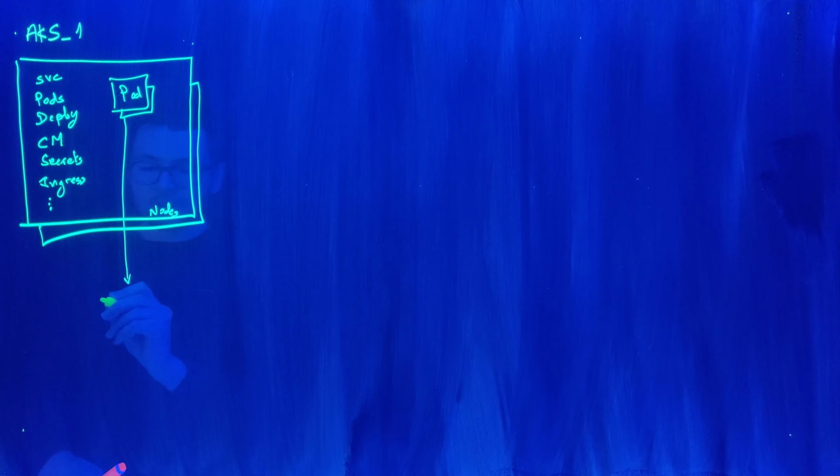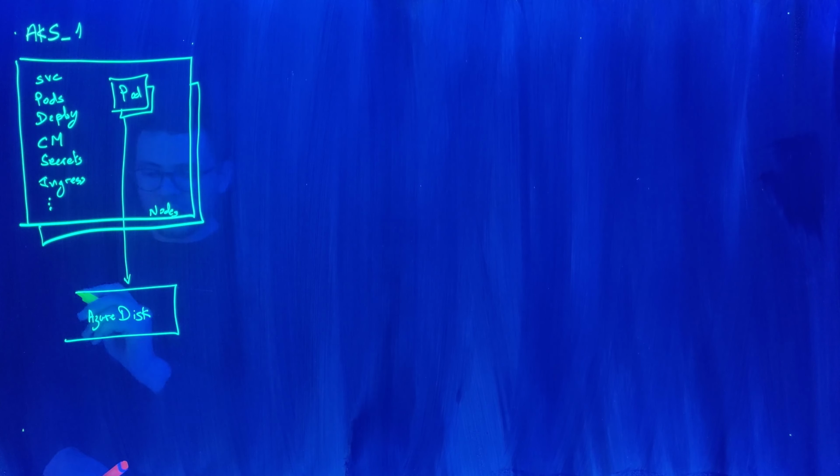And in addition to these resources, if I have one or multiple pods, those pods will connect to persistent data. So let's say, for example, those pods will attach an Azure Disk in order to persist some data. So here I would have an Azure Disk.